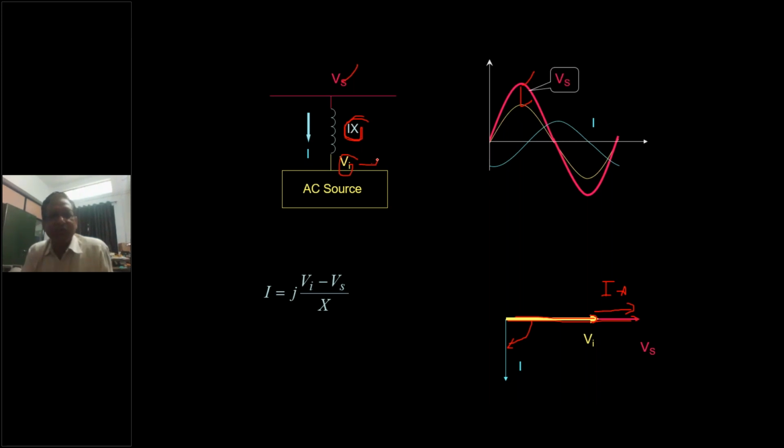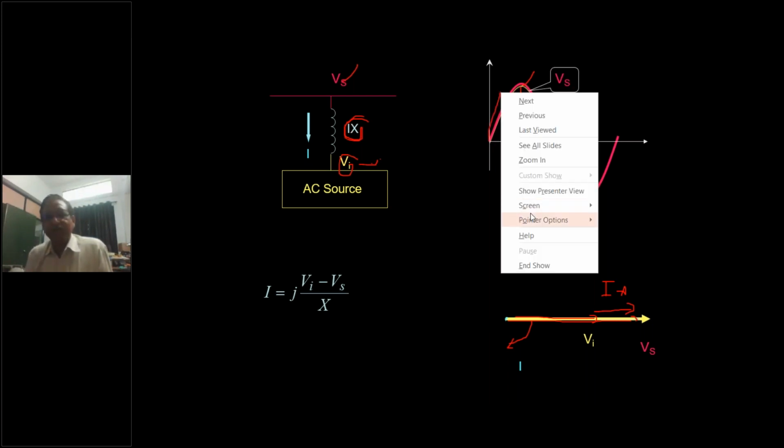Now suppose I increase this Vi voltage, what will happen? If the voltage becomes equal to the supply voltage, this current will be zero. That you can see here. Observe this phasor diagram or this waveform. See here, voltage Vi is increasing, so the current becomes zero.